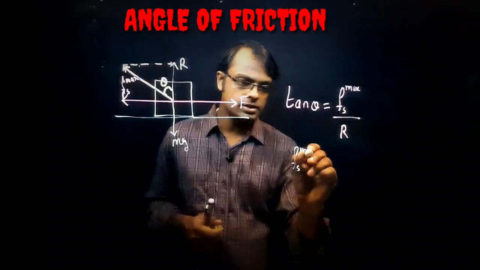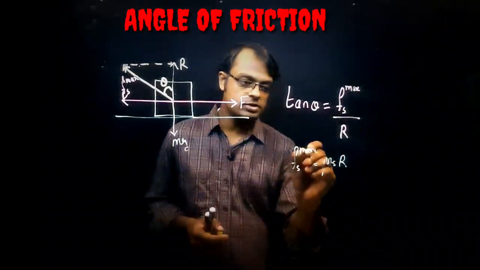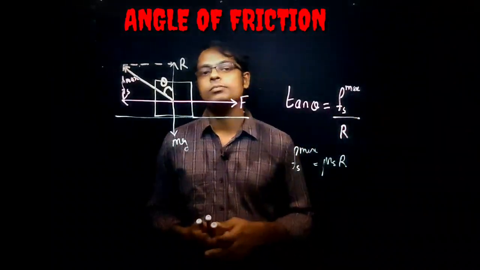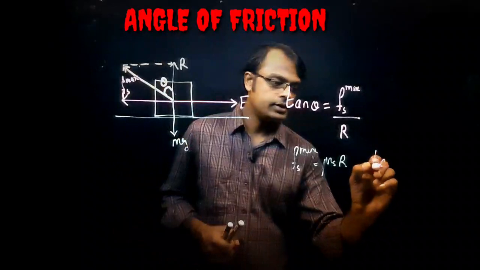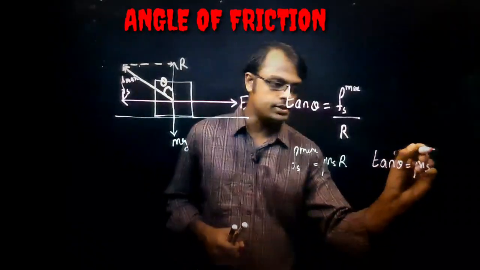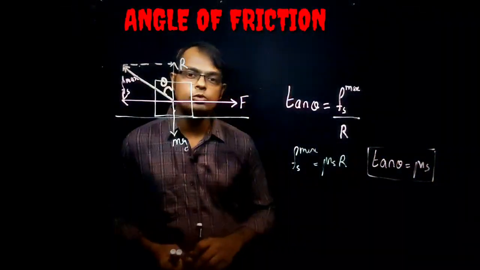Fs max is equal to mu s into R. What is Fs max divided by R? That is equal to what? Mu s. So what is the main equation we can write here? Tan theta is equal to mu s. So this is another equation we are discussing. Tan theta is equal to mu s.